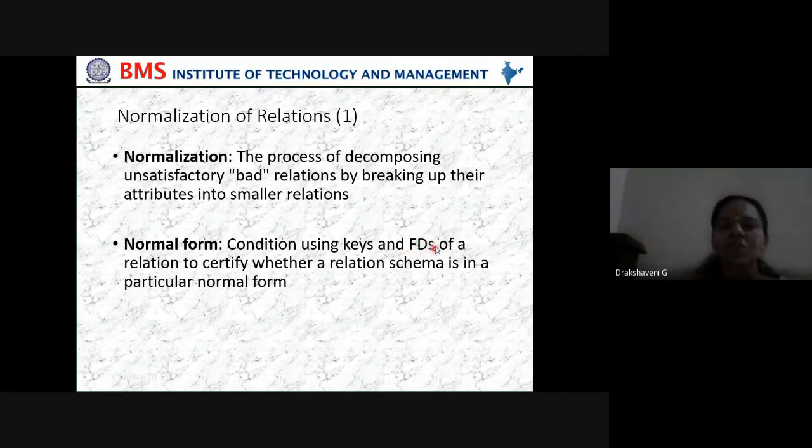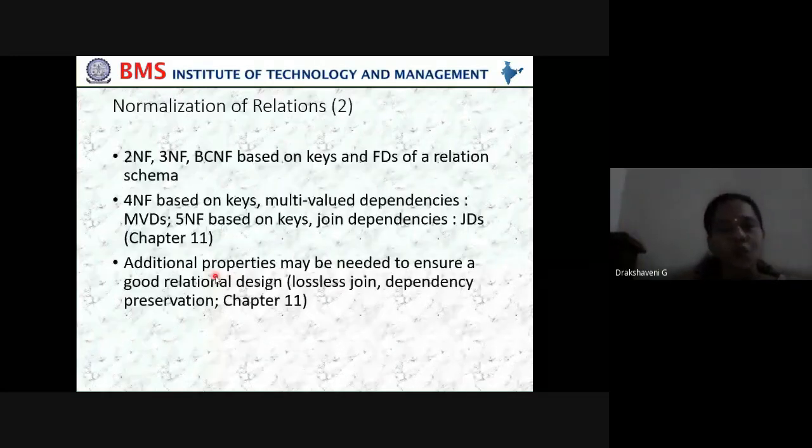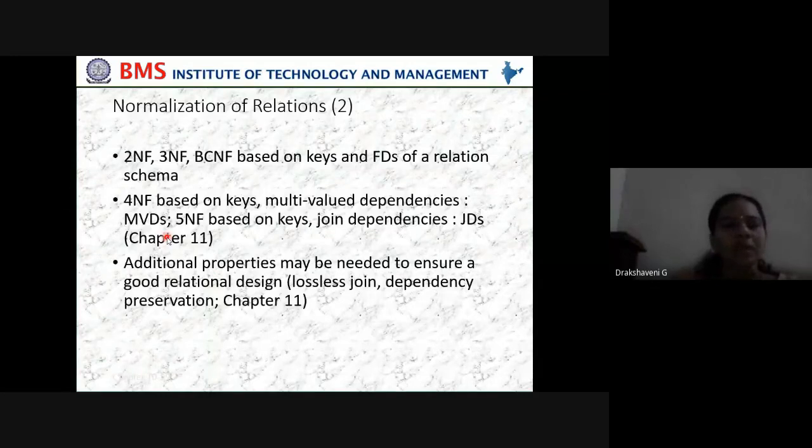This is what is called functional dependency, used to certify whether a relation schema is in a particular normal form or not. To follow this, that is normalization and normal form, we are using so many forms. Each normal form does one job. We'll be seeing what all these are.